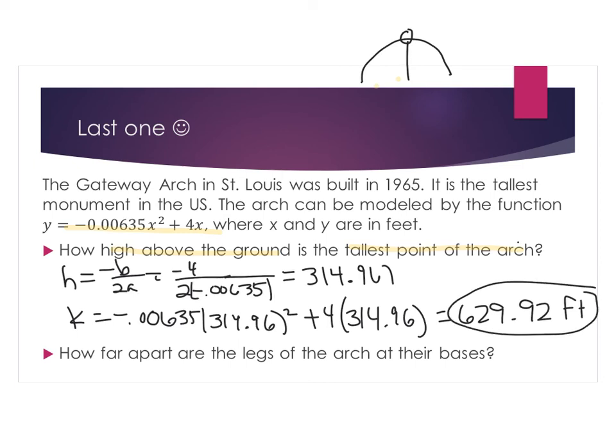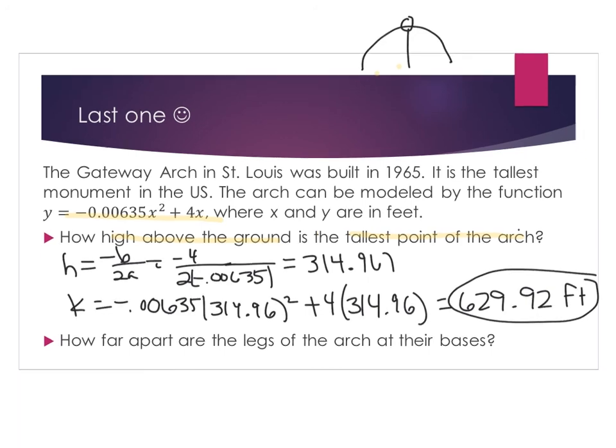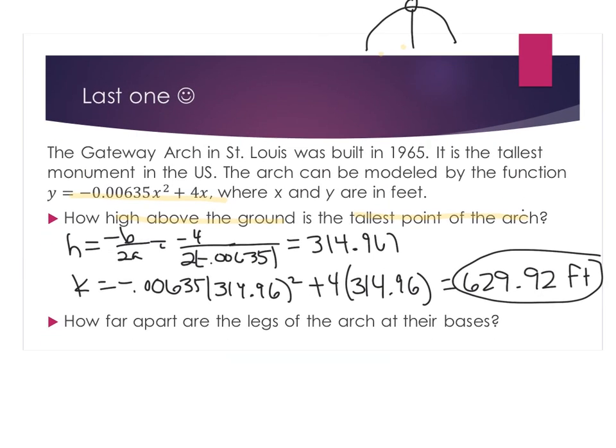In the second part, we want to know how far apart are the legs of the arches at their bases. Okay, so in other words, we want to find x-intercepts. So in order to find x-intercepts, we set the y value equal to 0.